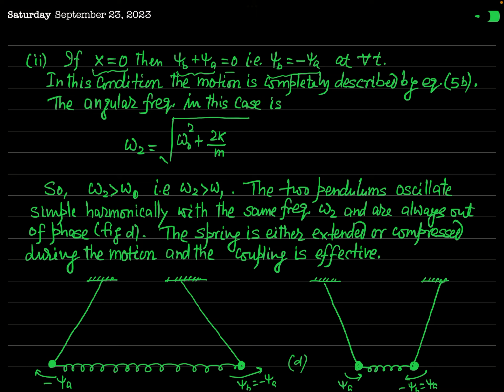As you can see in figure D, pendulum A has been displaced from its equilibrium position in the leftward direction, and pendulum B is displaced in the rightward direction.